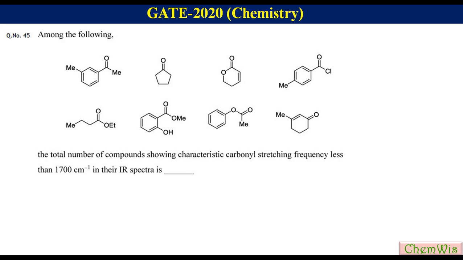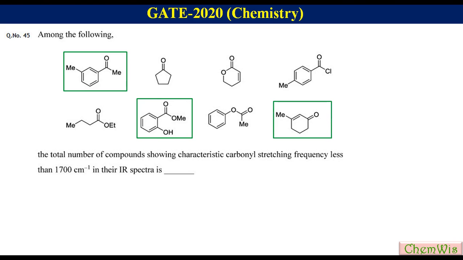In the given set of molecules, 3-methylacetophenone, because of conjugation between carbonyl and phenyl ring, methyl salicylate due to conjugation between carbonyl and the very electron rich ortho-hydroxyphenyl group, and 3-methylcyclohexenone due to conjugation between carbonyl and alkene will show C=O stretching band at below 1700 centimeter inverse. So the number of molecules will be 3.